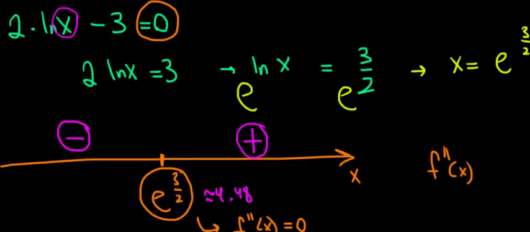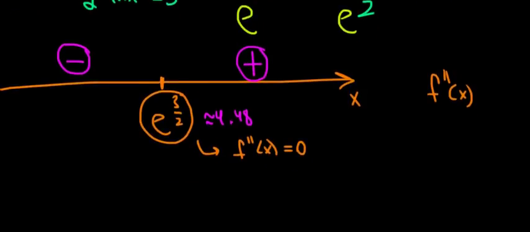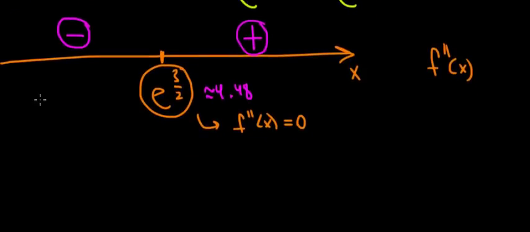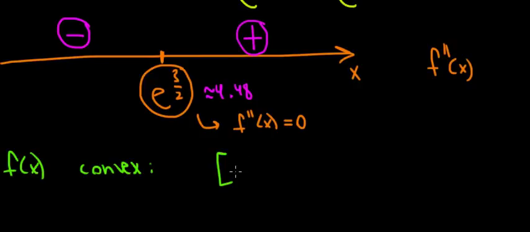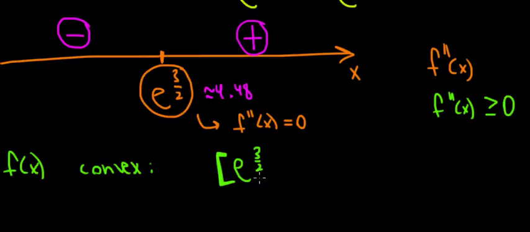So, as a conclusion, we can say that f of x is convex on the range starting from e to the power 3 over 2, and we put the closed bracket because remember we need the range where the second derivative is greater than or equal to 0, so we include this value, until infinity.